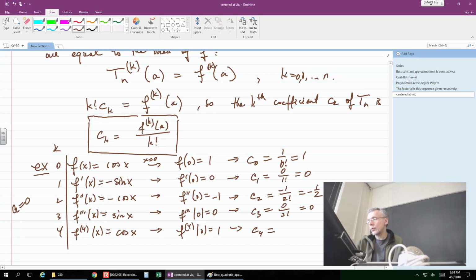C4 is equal to 1 divided by 4 factorial, which is, what's 4 factorial? 24.